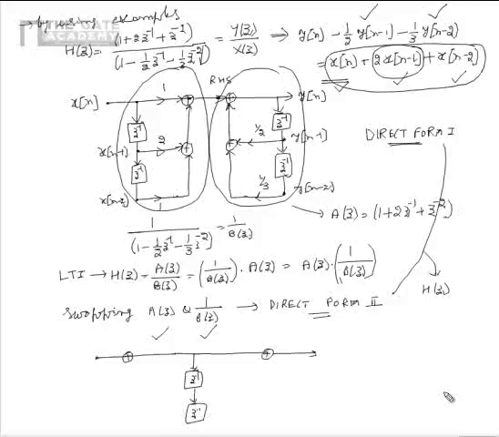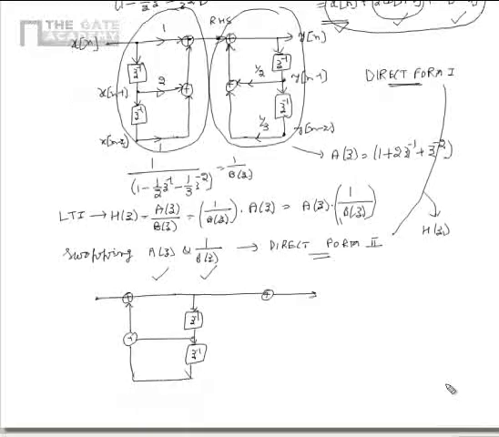So from this, we can write the filter structure as shown, or we can obtain the filter structure as shown, where the weights can be written as 1 by 2, 1 by 3, 1, 2, and 1 as shown.